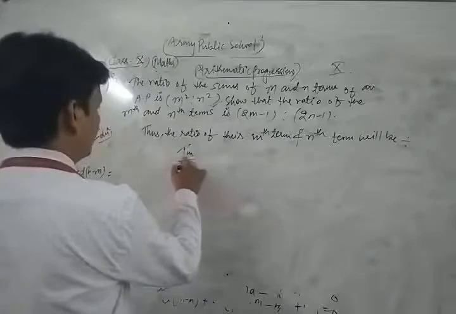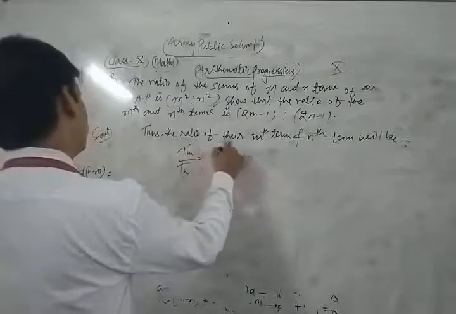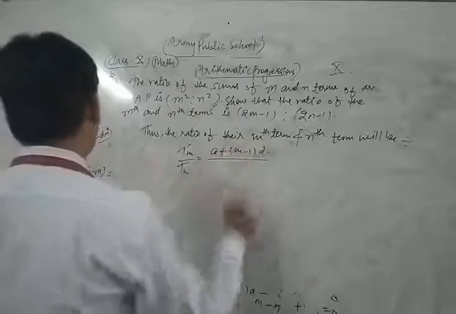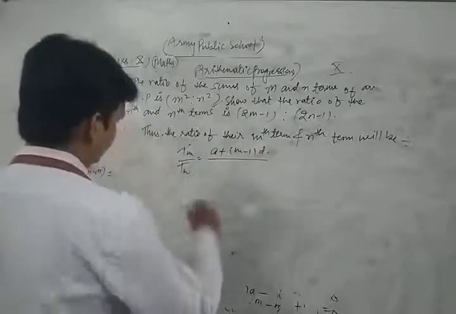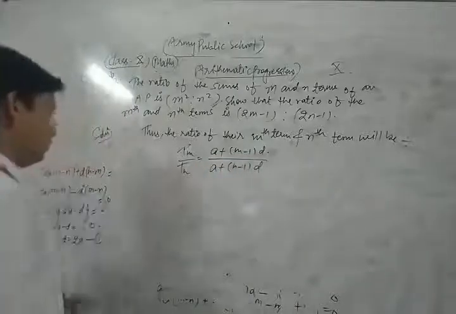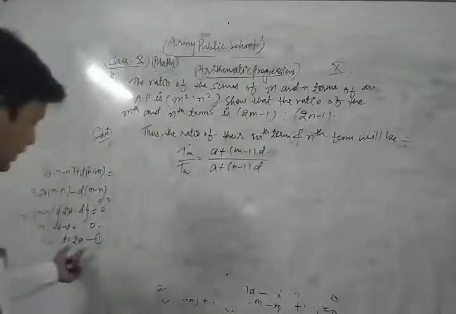Means Tm upon Tn, that is a plus m minus 1 into d upon a plus n minus 1 into d.